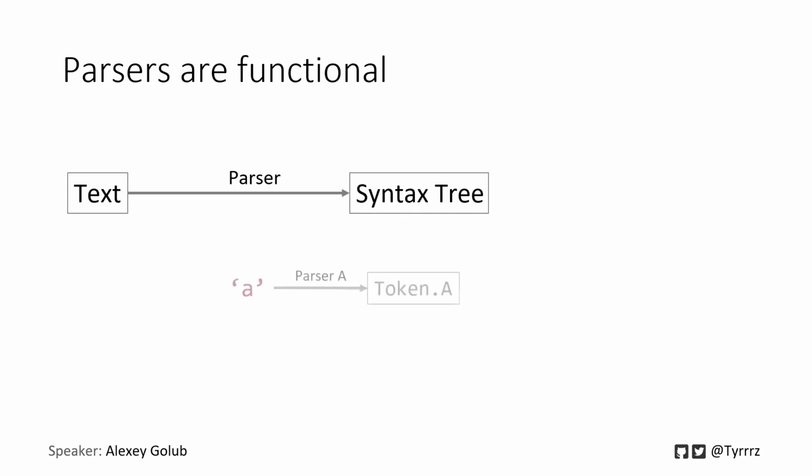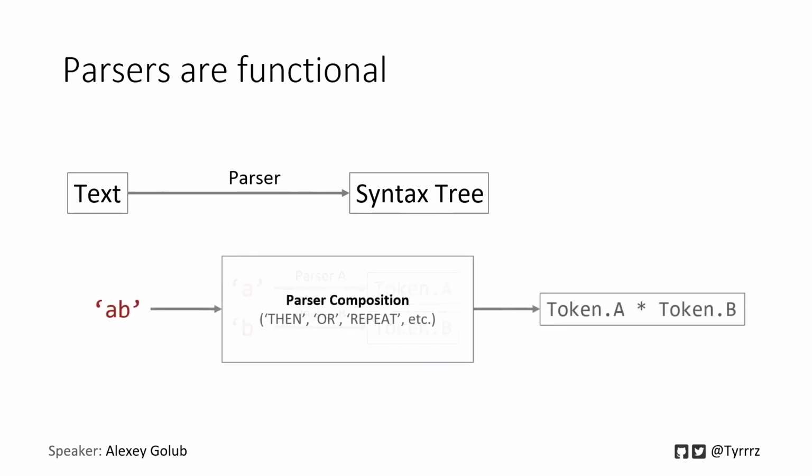So for example, if we had a parser A that looks for a character A in the character stream and then transforms it into a token A, and we also had a parser B that did the same thing for character B, we could compose them using, for example, the sequential combinator and turn them into a higher-order parser that would look for character A followed by character B, then return token A and token B together. Using this approach, we can build more complex parsers from simpler ones by composing them as functions.